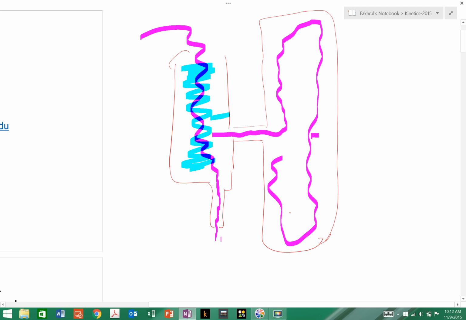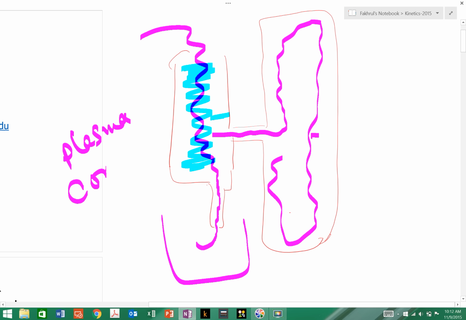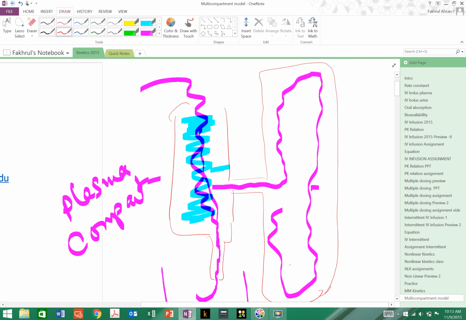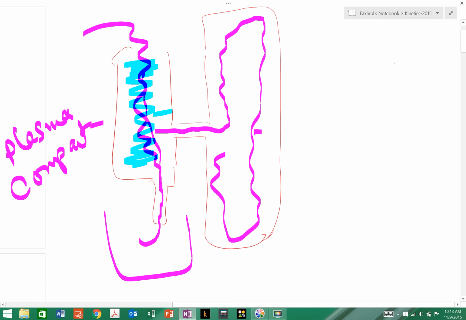The drug eliminates always from this compartment, which we call the central compartment, or you can say plasma compartment. As the drug is eliminating from here and also distributing to another compartment, what is happening to the concentration of the drug?